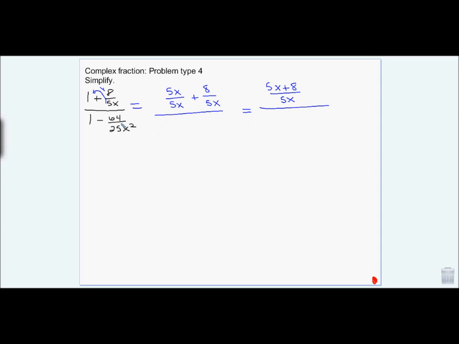For my denominator, I'm going to multiply by 25x squared. So that's going to give me 25x squared minus 64 over 25x squared.